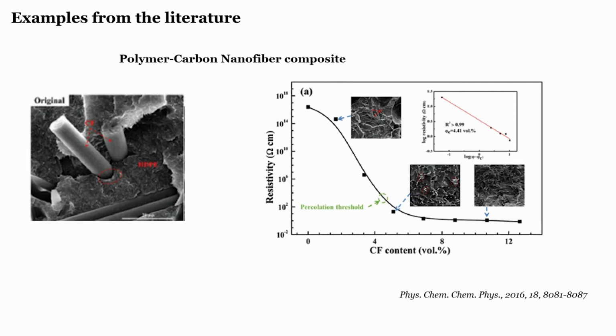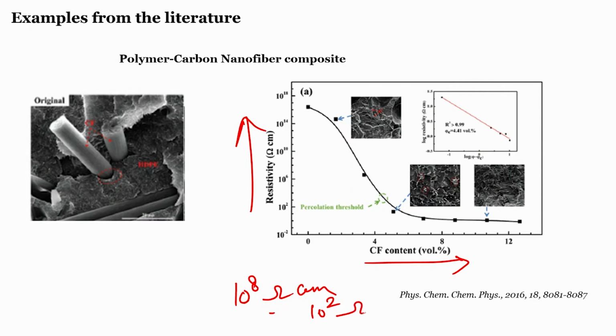We saw how the resistivity versus carbon fiber content plot shows a deviation from 10 to the power 18 ohm centimeter to 10 to the power 2 ohm centimeter, a staggering 10 to the power 16 times change in resistivity values when the filler fraction is increased by volume percentage from 0 to 12%. Rather, it's not even 12% because it saturates at 8%.